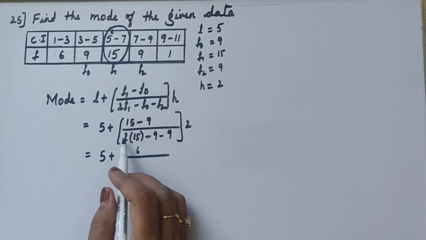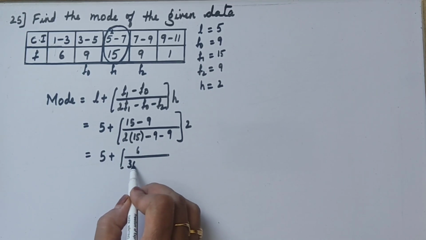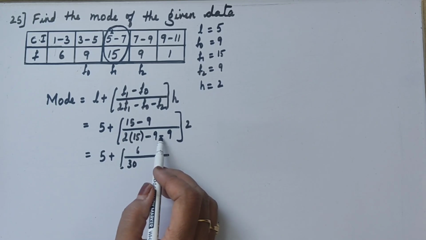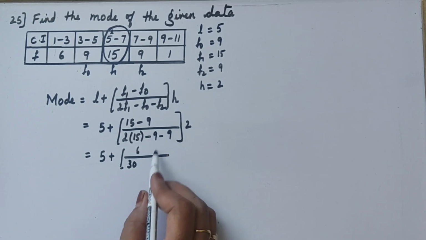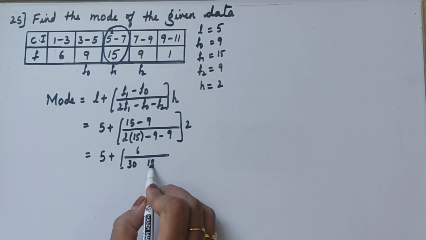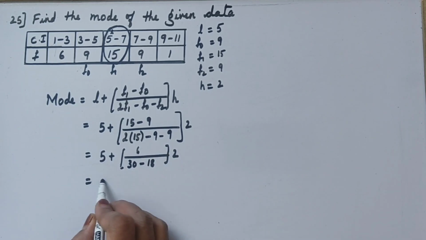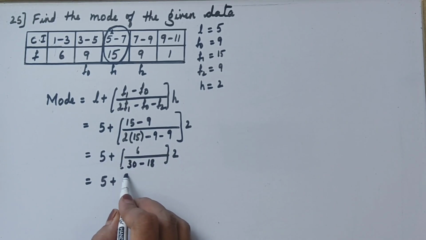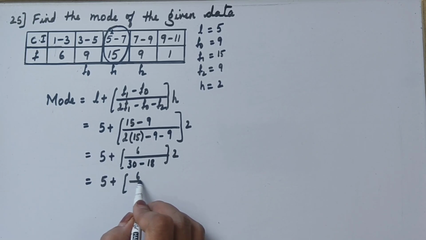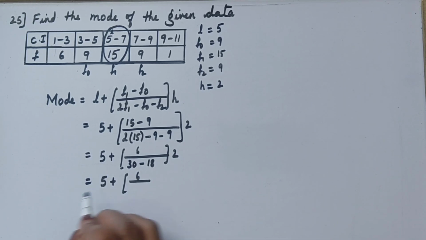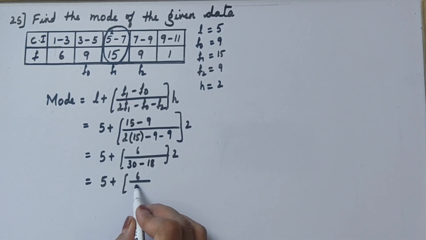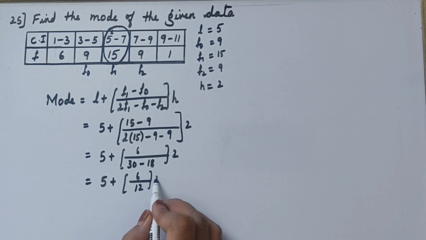Upon, now here 15 twos are 30. As it has the same sign, let us add 9 plus 9 is 18. Subtracting, we get 12, into 2.